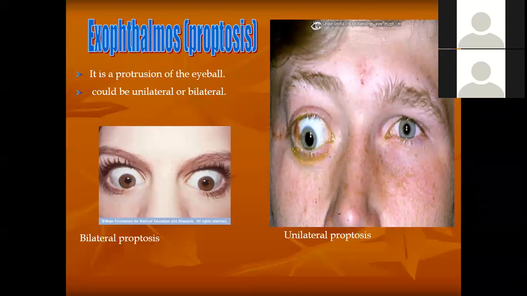For example, if the eyeball bulges out superiorly, that is, any mass in the orbit like a lacrimal gland tumor, if it is pushing the eyeball forward, it will be protruded eccentrically, and then we will term it non-axial proptosis.